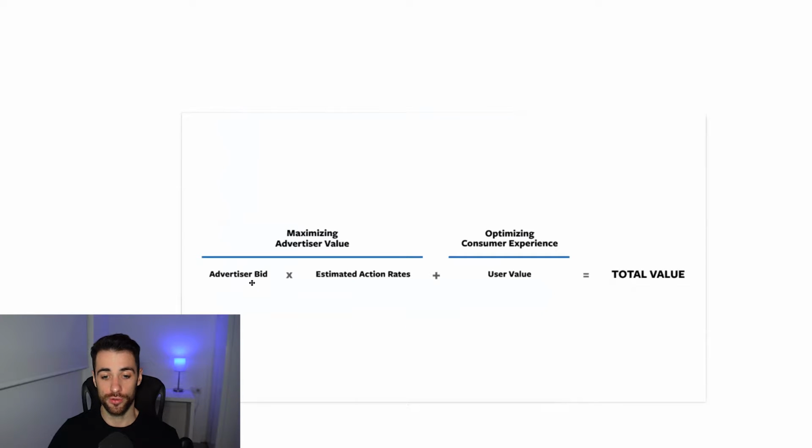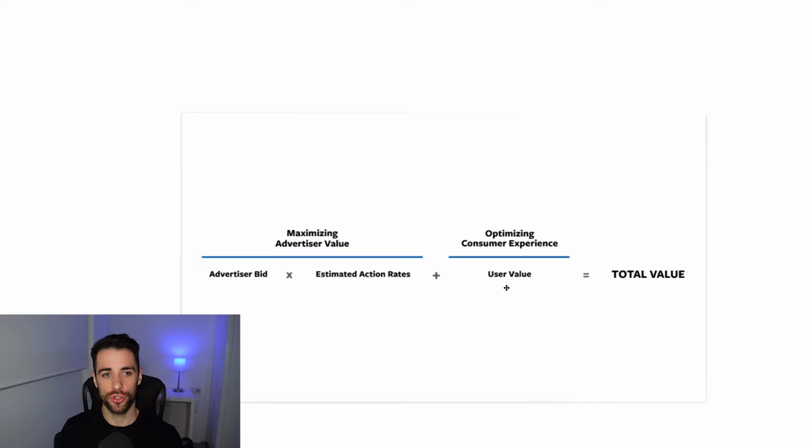You have your bid times your estimated action rate. So before you even run it, Facebook's going to determine, is this ad good enough for the people I'm going to show it to, based on all the previous data we have on how people respond, plus user value, how people actually respond to that ad, your landing page, your customer support, everything embodied together.